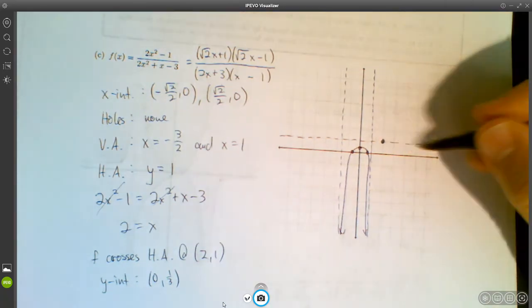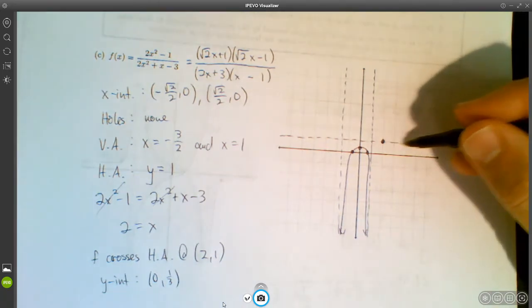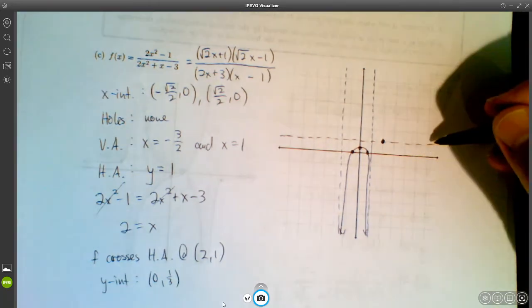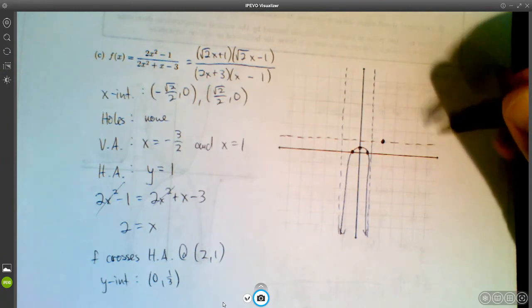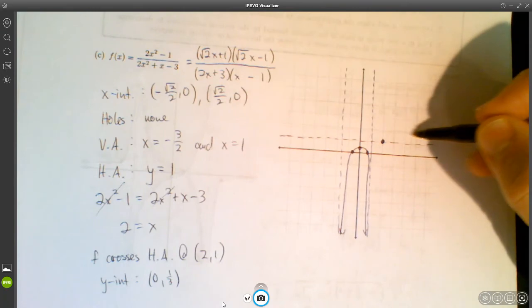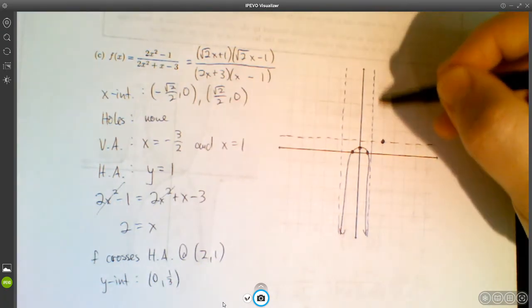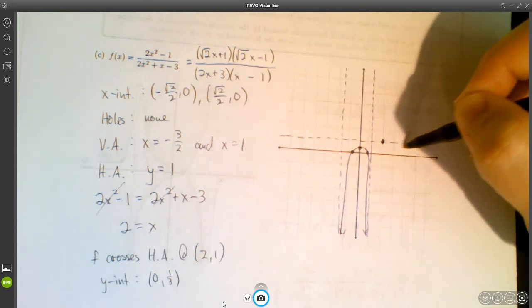This horizontal asymptote is the end behavior of the function. So definitely this function is going to get closer and closer to 1 as we move out. The question is, does the function come up this way and then start to curve toward the horizontal asymptote, or does it come down this way, cross, and then come back up?